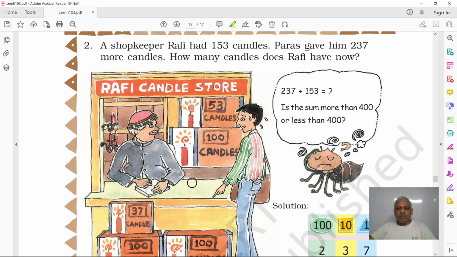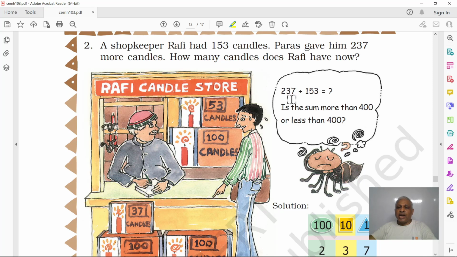So this is some candle shop is selling candles, but someone has to bring the candles for selling, right? This Paras is a seller, so he has a candles factory, and he gave him 237 more candles. So now Rafi will have how many candles?